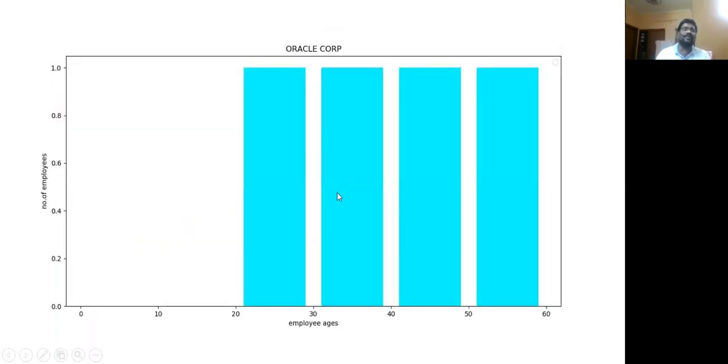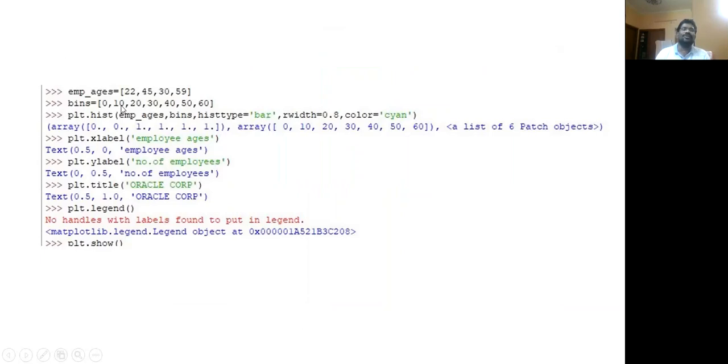Suppose the bin ranges are 0 to 10, 10 to 20, 20 to 30, 30 to 40, 40 to 50, 50 to 60. That means the range 0 to 10 is one bin, 10 to 20 is another bin, 20 to 30 is another bin, and so on.